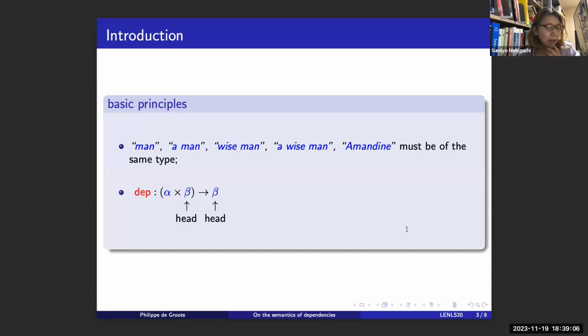Looking at this type, the noun phrase always expects a determiner and adjective. But the example is like "a man". It doesn't have any adjective, so I don't know if this type or the definition always works.